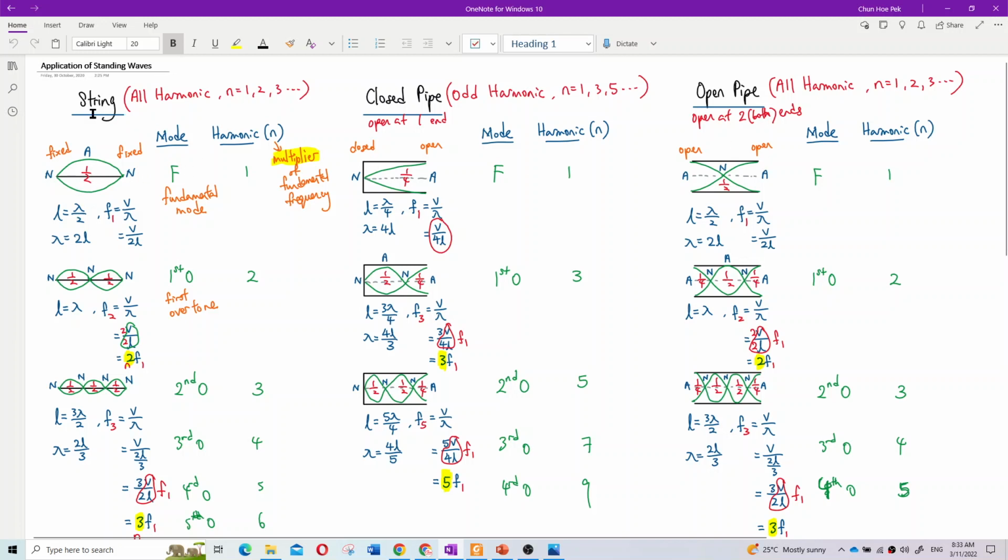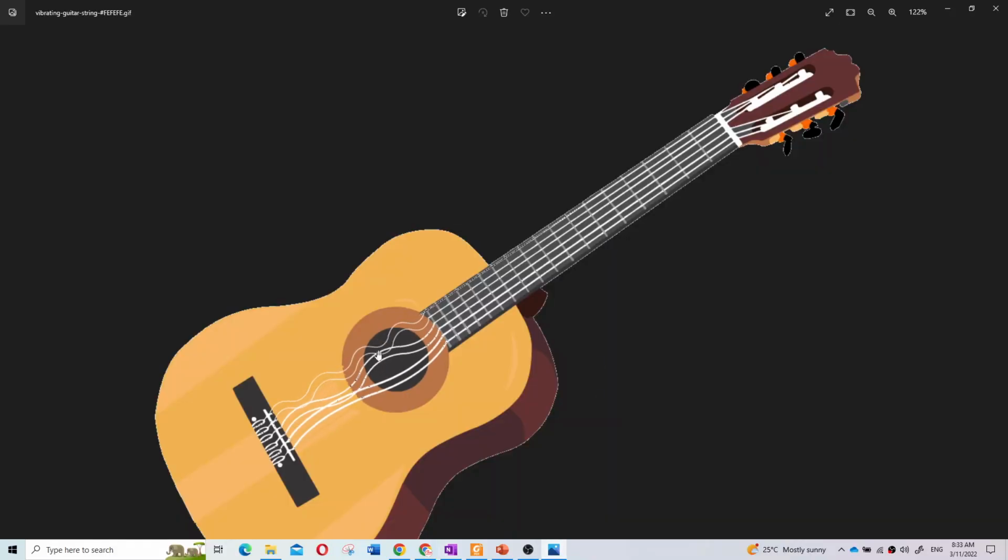For the string, it has two fixed ends, and the fixed end particle cannot vibrate, so it is a node. Like you see in my picture here. Let's say it's fixed at this point. Actually it's not just fixed at this point, it's fixed at the point you fret.